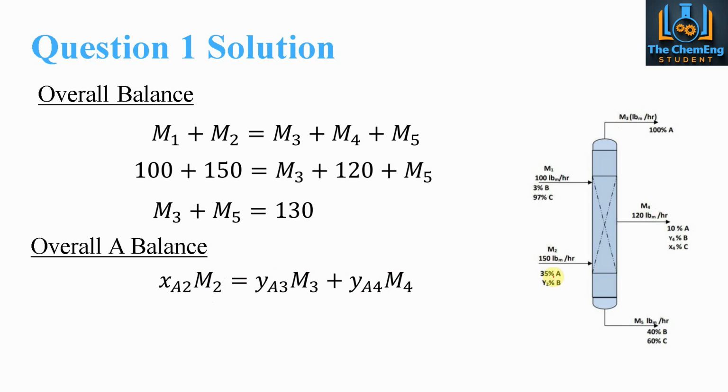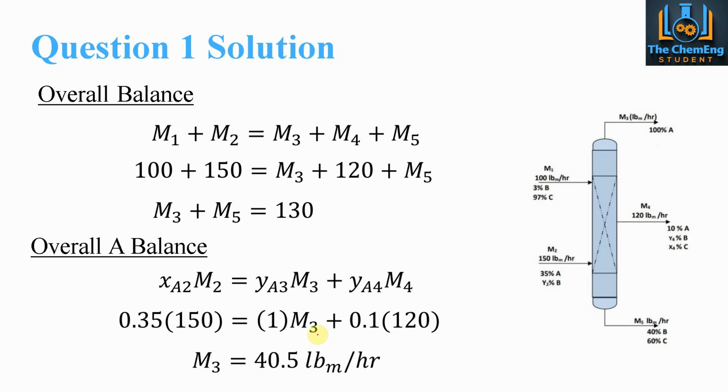We also know the composition of A in the feed stream, and we also know the composition of A in the middle outlet stream. So if we substitute in these values, and we know that YA3, i.e. here, is going to be 1 because it's 100% A, the only unknown here is M3. So that works out to be 40.5 pounds per hour.